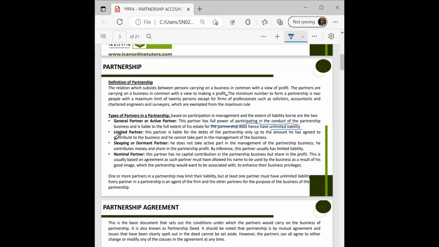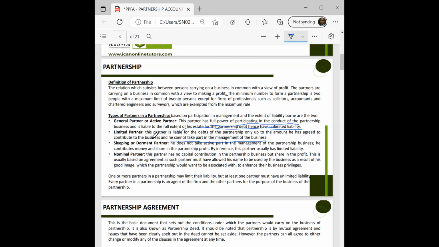His extent of liability is capped at the amount of money that person has agreed to contribute to the business. And this person does not take part in the management of the business. This one takes part in the management of the business and has unlimited liability. This one does not take part in the management of the business and has limited liability. So these are like opposites, right? Active partner and limited partner.